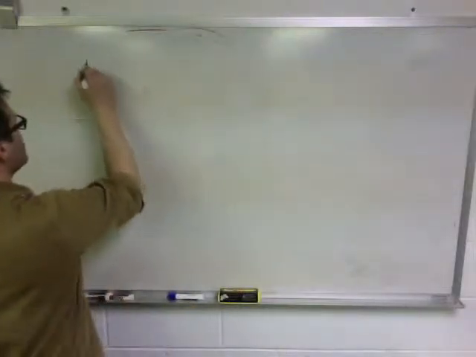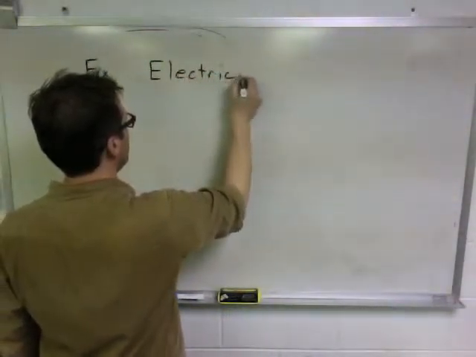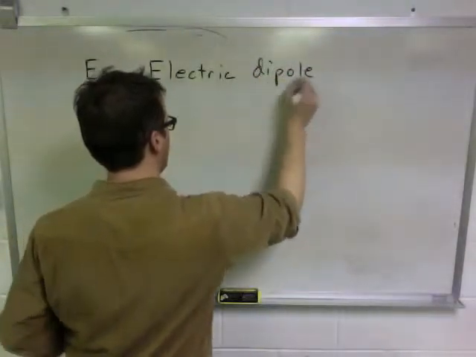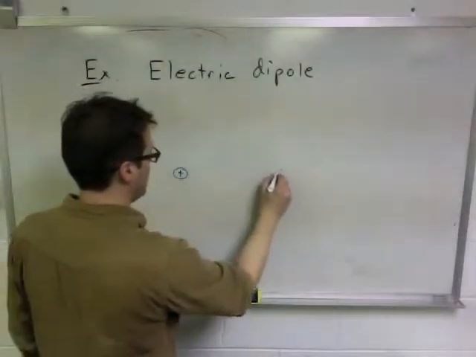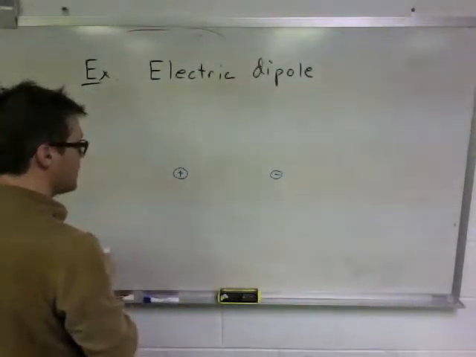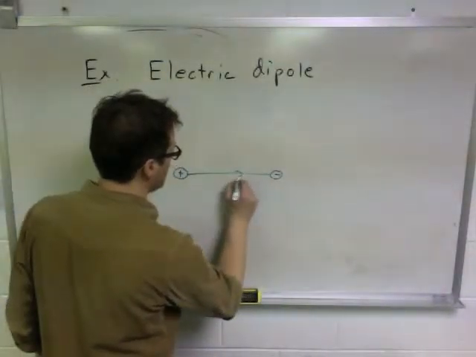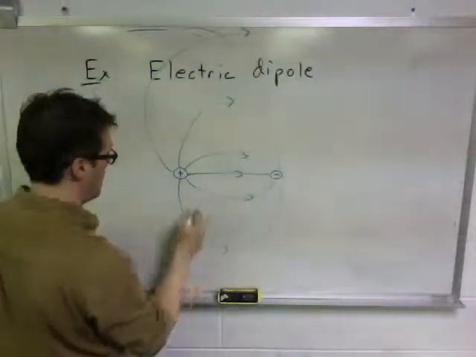So for example, let's revisit our old friend, the electric dipole, which we talked about a couple of times. An electric dipole is simply a positive charge and a negative charge separated by some distance. The electric field lines set up by such a charge distribution look like this.